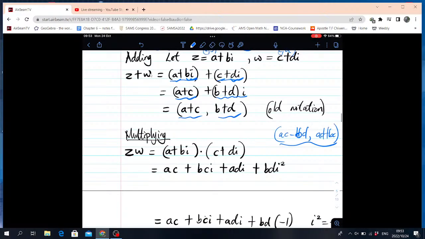So if we say a plus bi times c plus di, we do our normal multiplication, we get a times c, which is ac, a times di, which is adi there. And then bi times c, you get bci, and then bi times di, you get b times d times i squared.